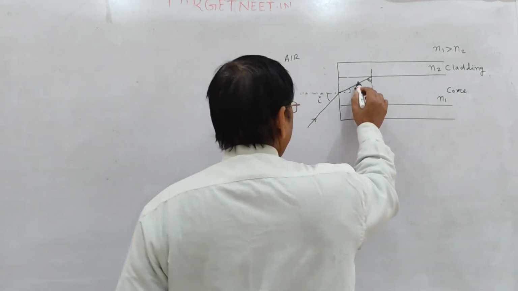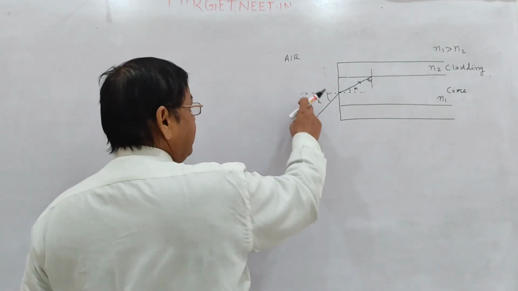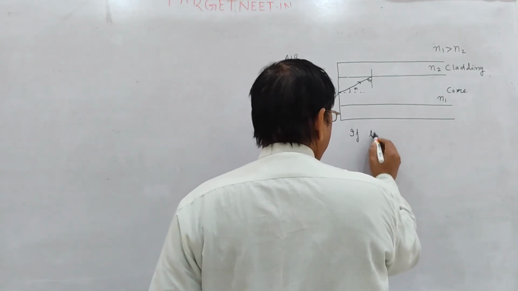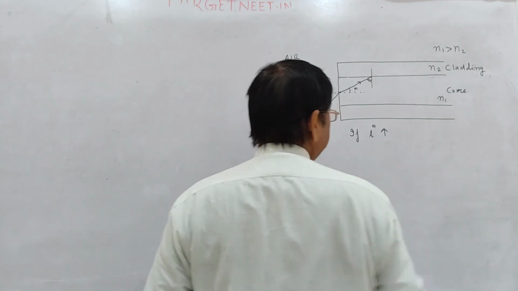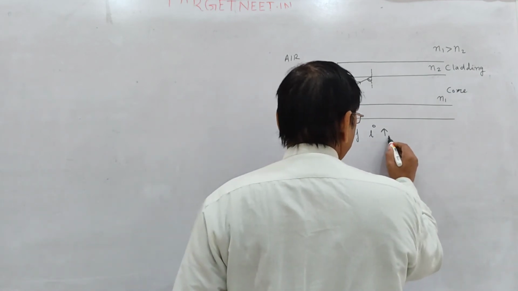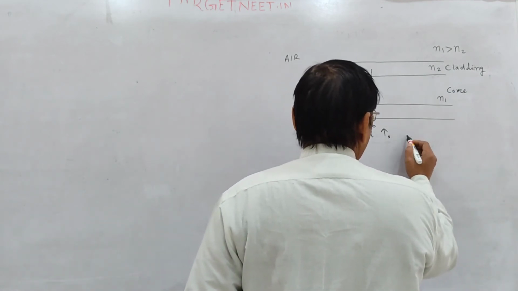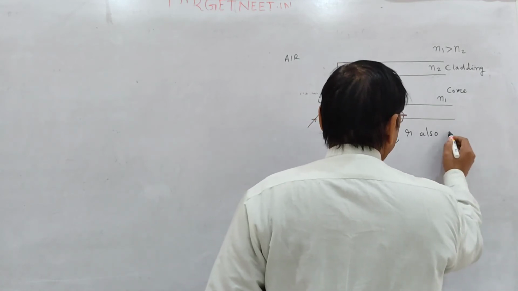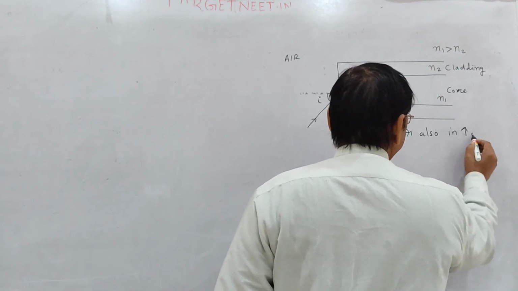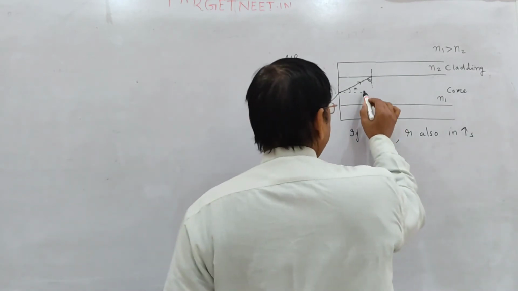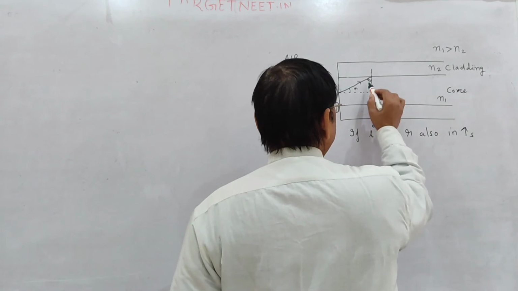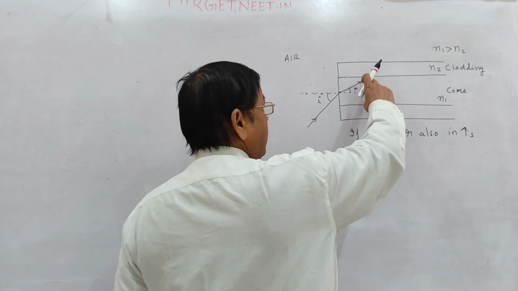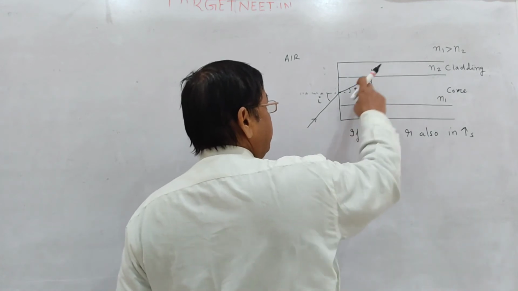Now, if I increase the angle of incidence, R also increases. And let this angle, the angle of incidence at the core-cladding interface, be I naught.